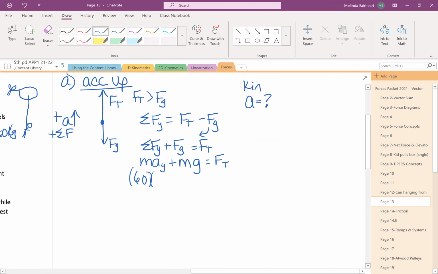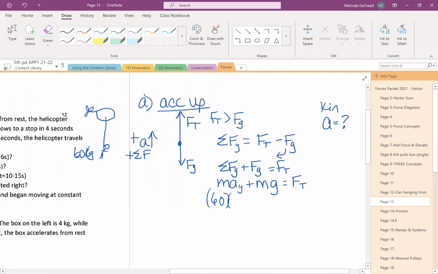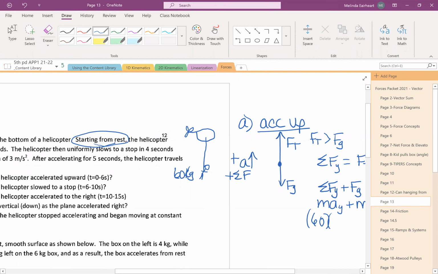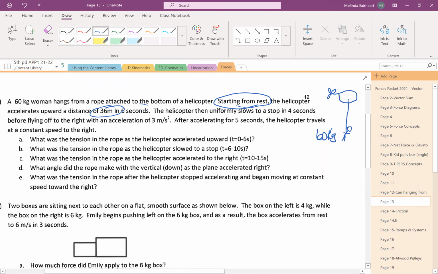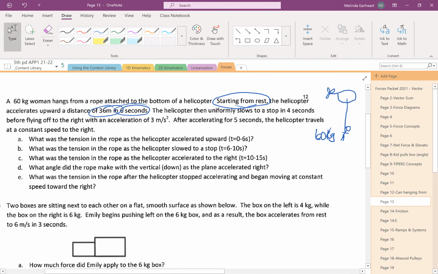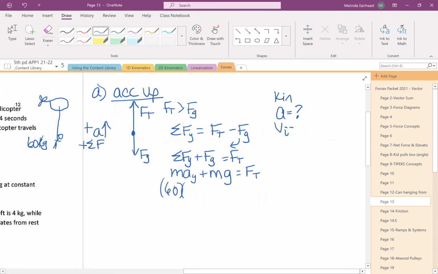And so we can assume that the person, or maybe they told us, oh, they did. Starting from rest, the helicopter goes a distance and a time. And so we know 3 kinematic terms. And if you want to call it delta X or delta Y, either way. And so 36 meters. The time is 6 seconds.